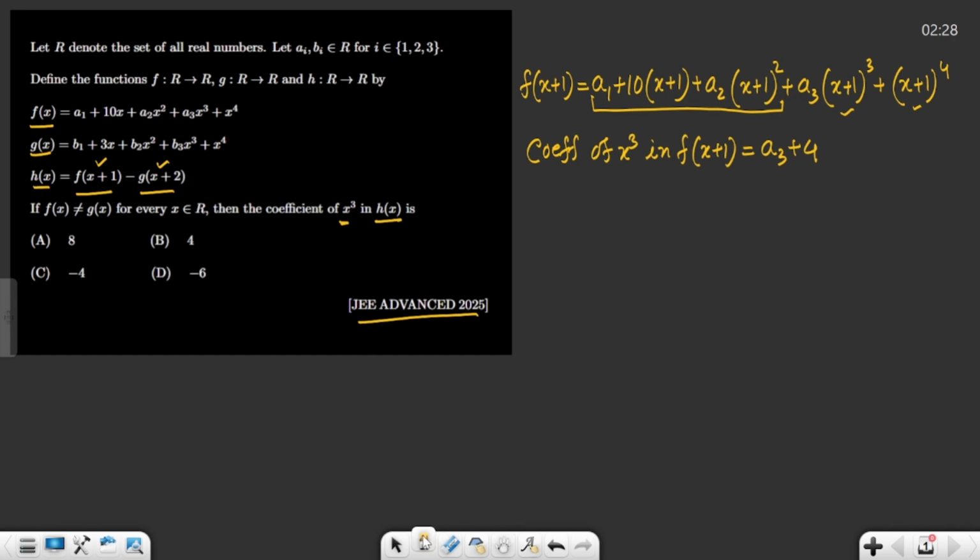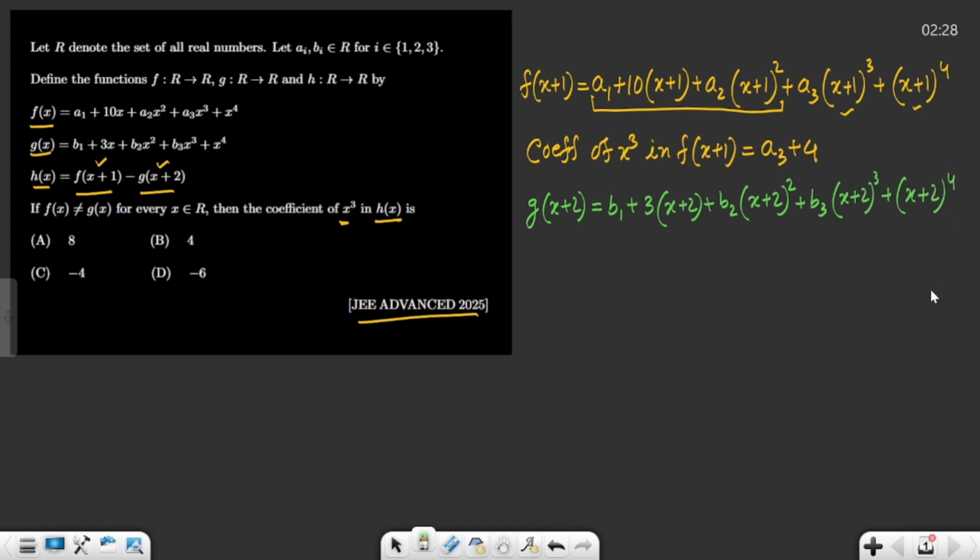No problem. Now we will go for the second part, g(x+2). We need to find that also. So g(x+2) can be written as b1 plus 3 into (x+2) plus b2 into (x+2) whole square plus b3 into (x+2) whole cube plus (x+2) whole to the power 4.